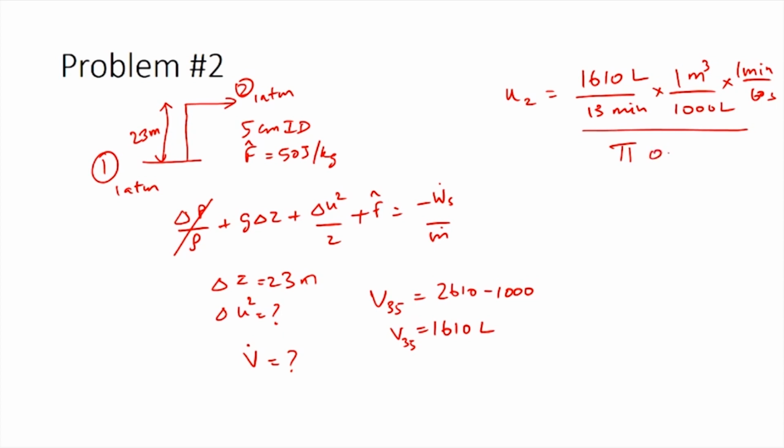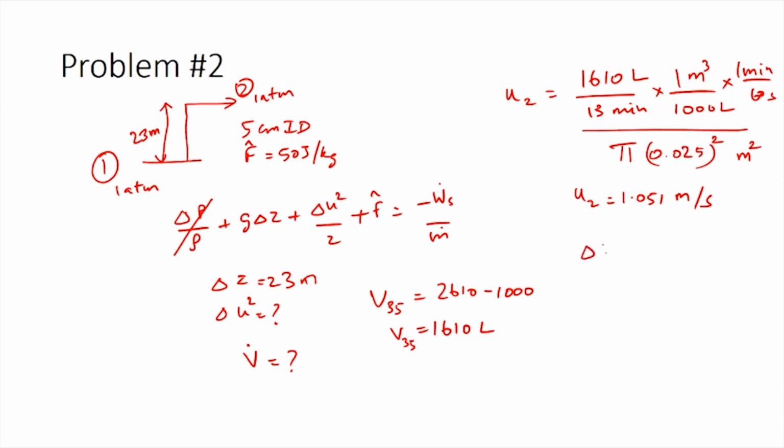R here would be 0.025 meters, because it is a 5 centimeter inner diameter. So, it is a 2.5 centimeter radius, and converting that to meters, we have 0.025 meters. From this we can calculate the velocity as 1.051 meters per second.